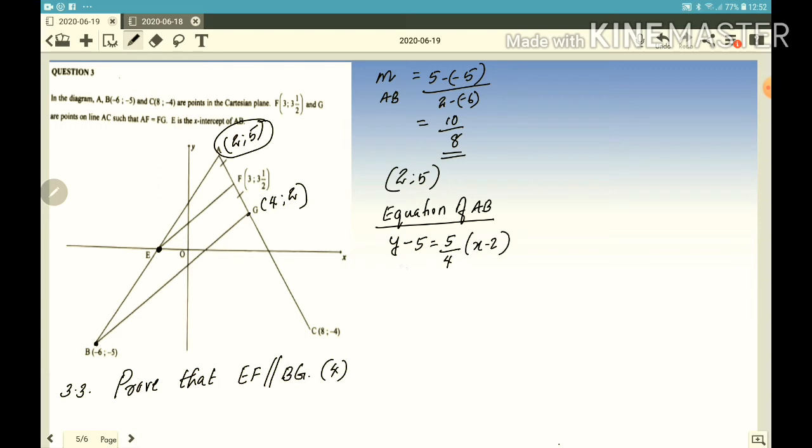Then simplifying, y minus 5 is equal to, opening the bracket, 5 over 4 x minus 10 over 4.